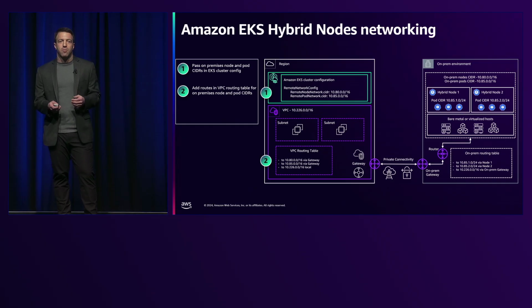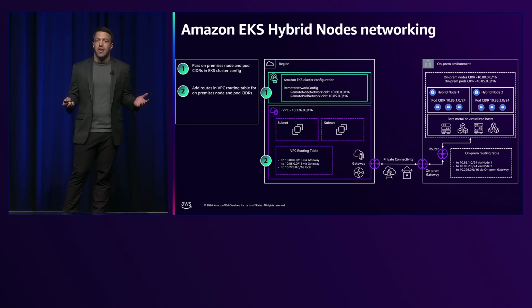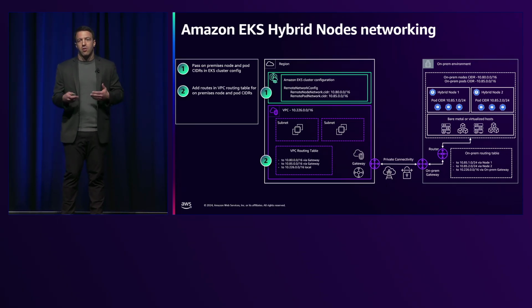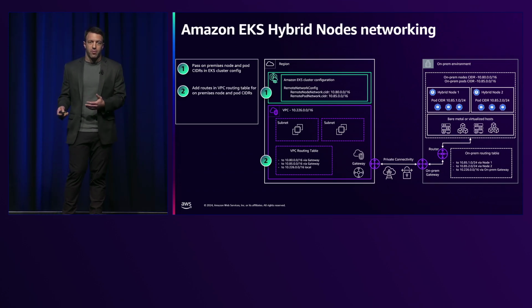This will typically either be a virtual private gateway, which is better suited for small and medium-sized deployments and simpler network topologies, or an AWS transit gateway, which is generally recommended for larger, more complex networks. So the data then flows out of your gateway over your private connection, that's either your Direct Connect or your site-to-site VPN, and into your environment.